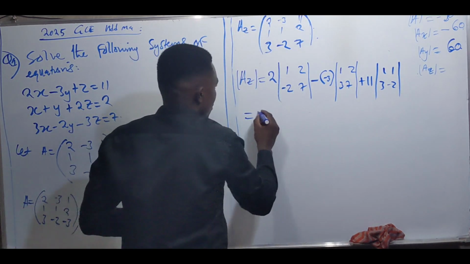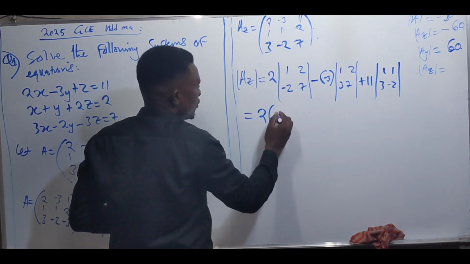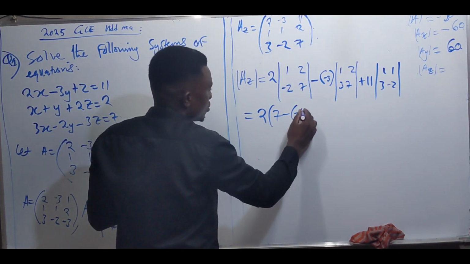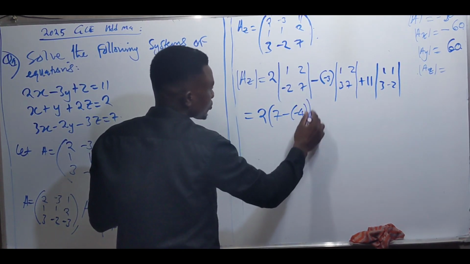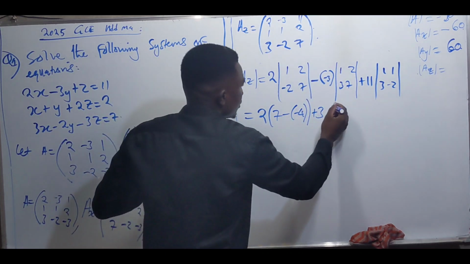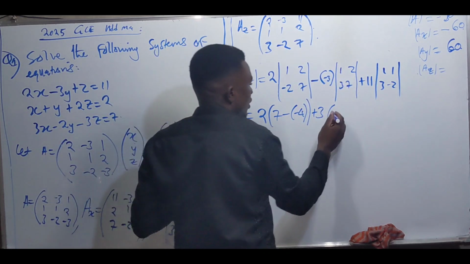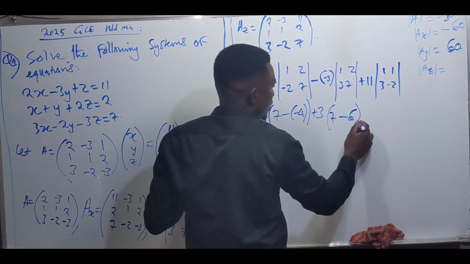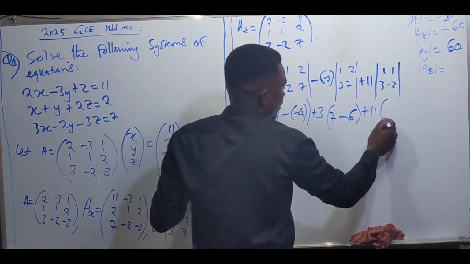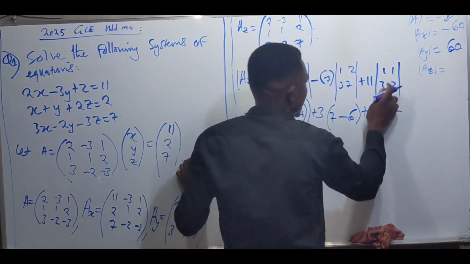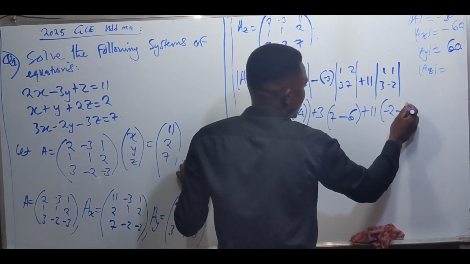So this is 2. 1 times 7 is 7, minus -2 multiplied by 2, that is -4, negative times negative positive. 1 multiplied by 7, that is 7, minus 3 by 2, that is 6, plus 11. 1 by negative 2 is negative 2, minus 3 by 1, that is negative 3.